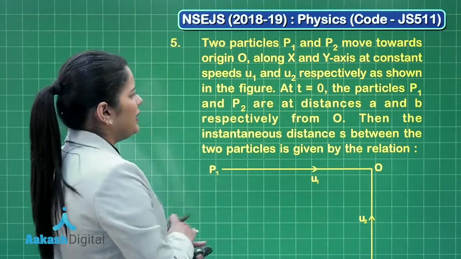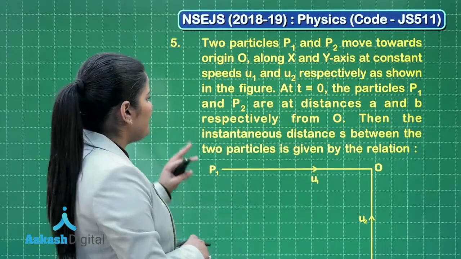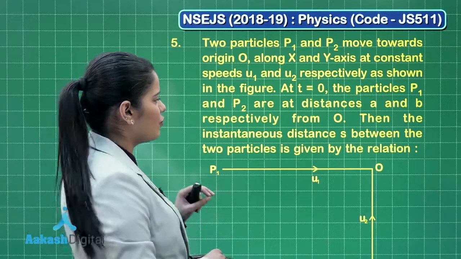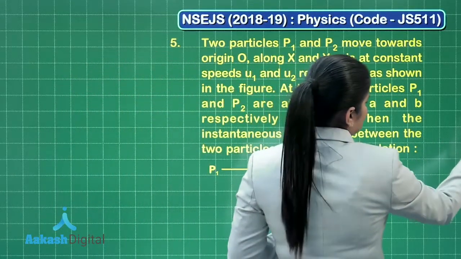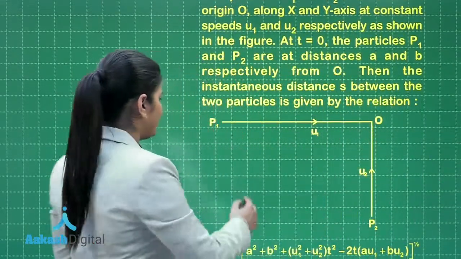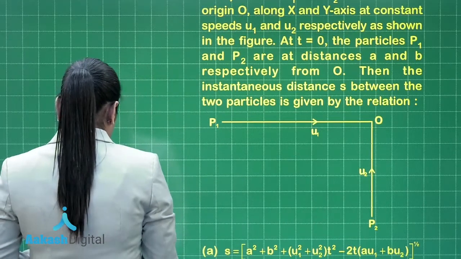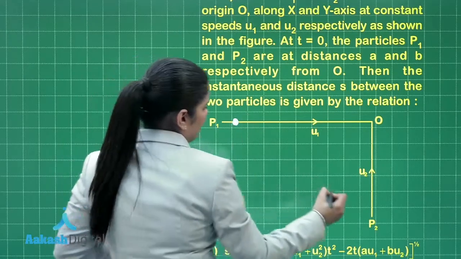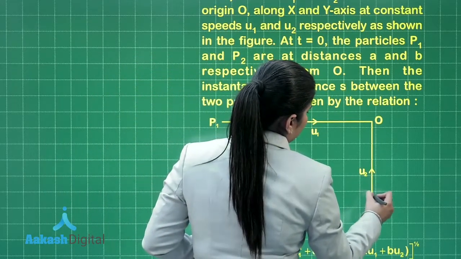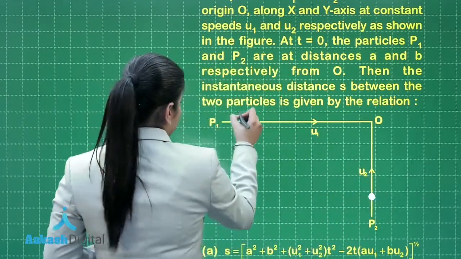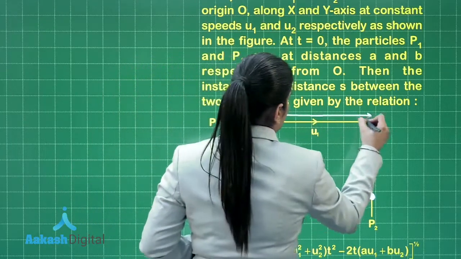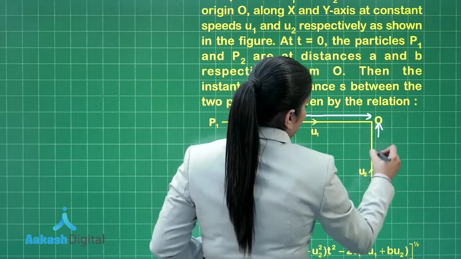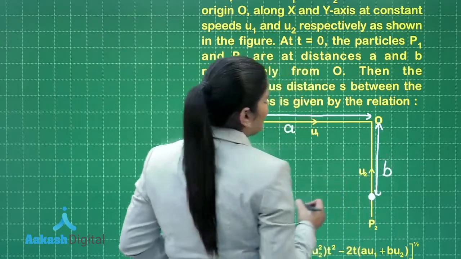As shown in the figure, at t equal to 0, the particles P1 and P2 are at distances a and b respectively from O. So here this is the origin, the particle P1 is here at a distance a from the origin, and particle P2 is here at a distance b from the origin.